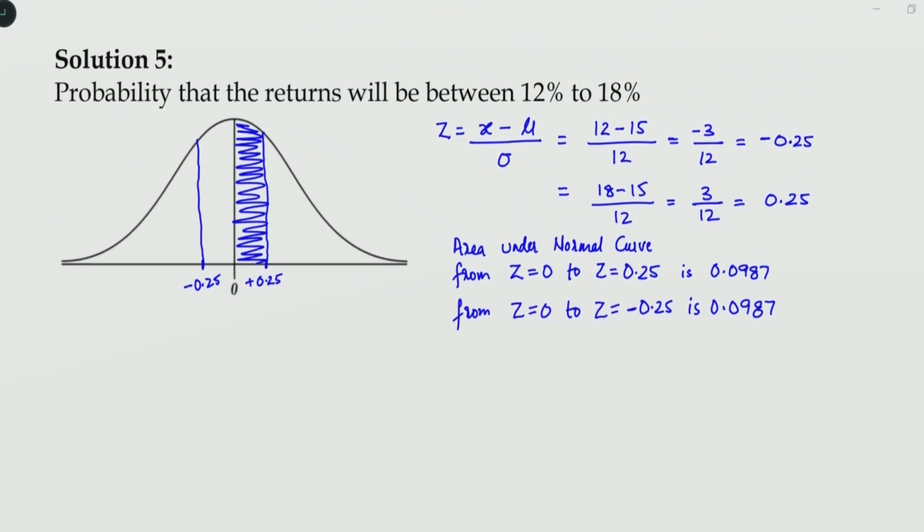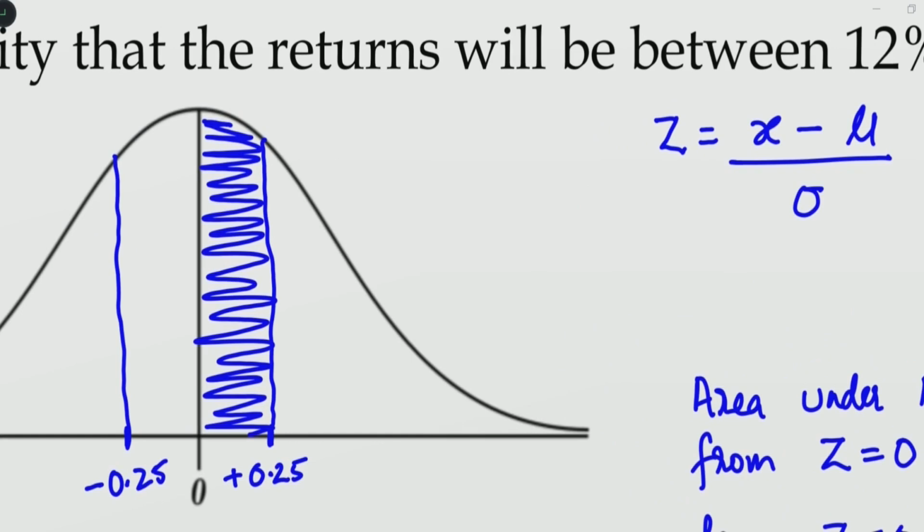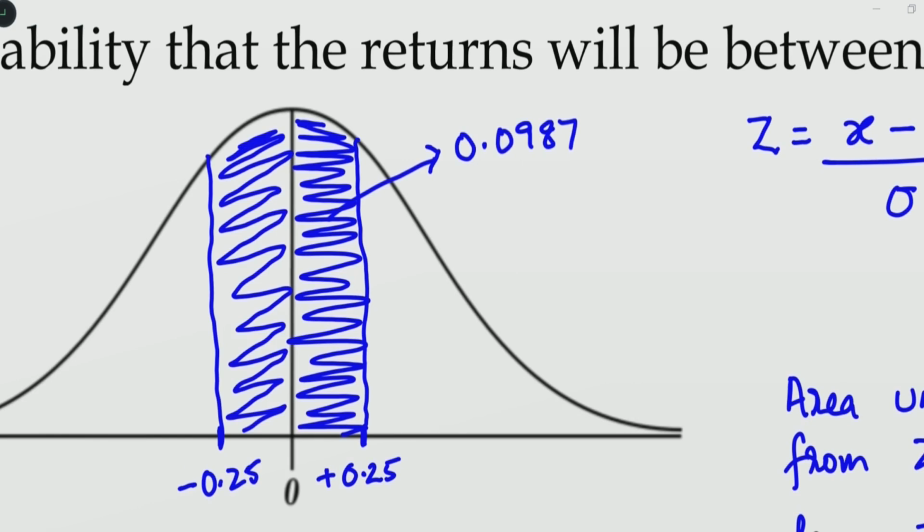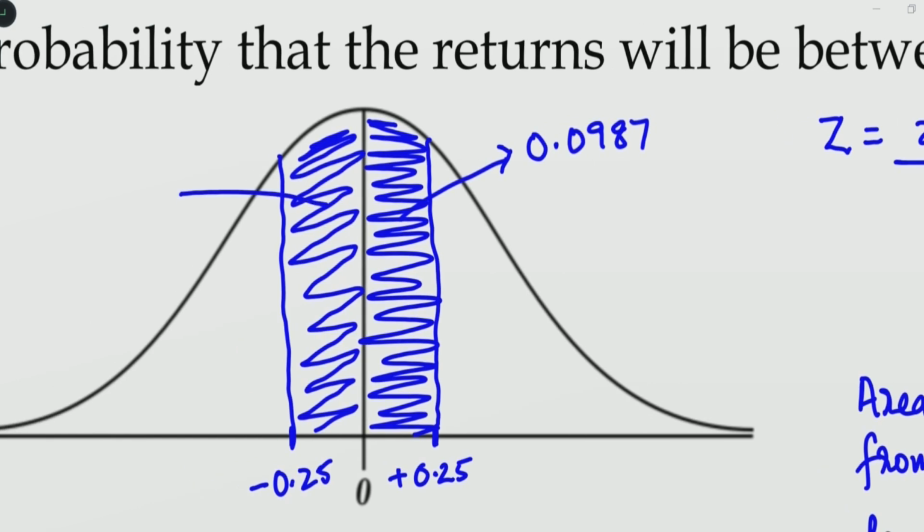So this particular area is 0.0987. So even this area is going to be the same value, 0.0987.